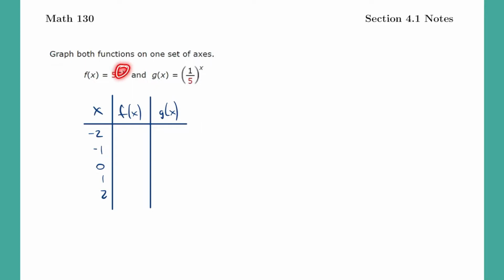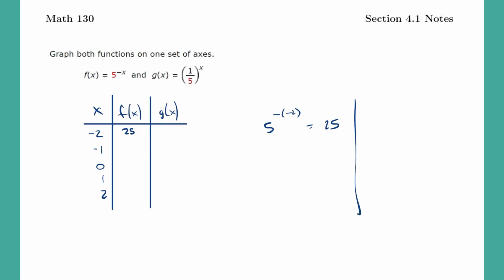So if you substitute -2 into x for the f function, you're going to get 5 to the -2, which is positive. That's going to become 25. 5 squared is 25. Let's move on to the g function.